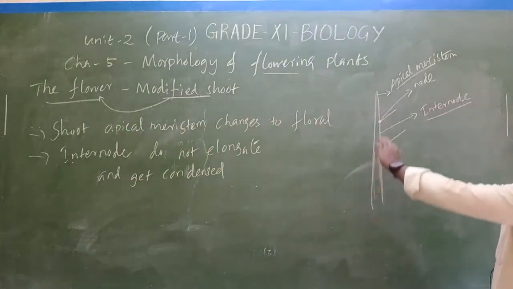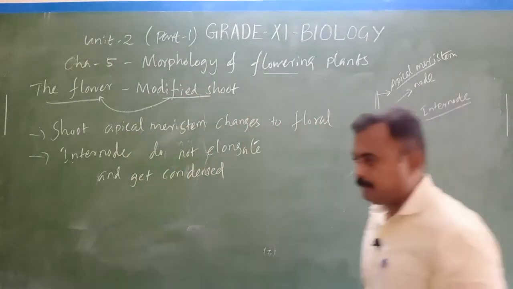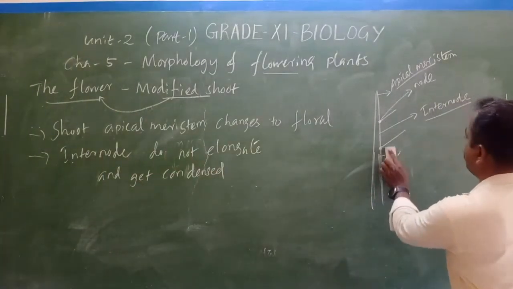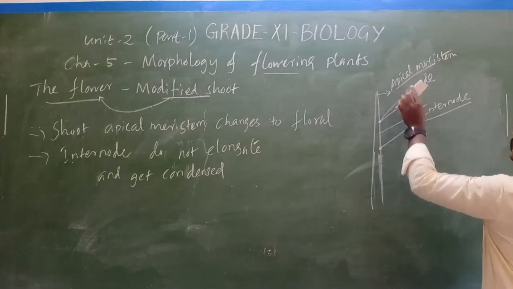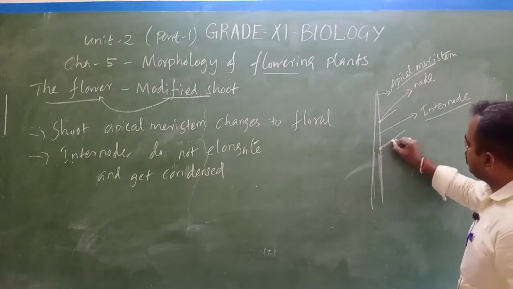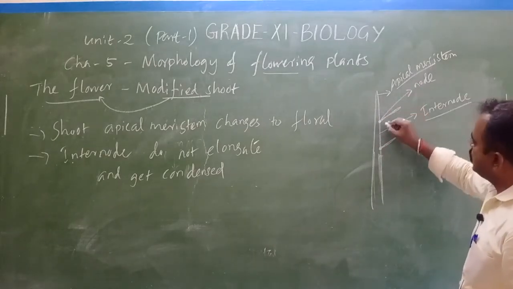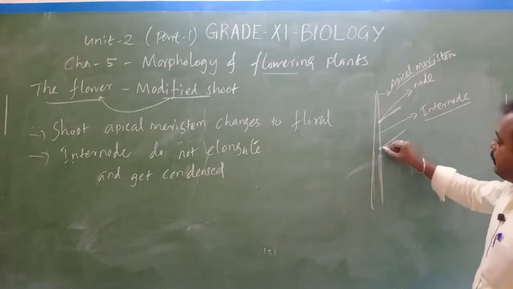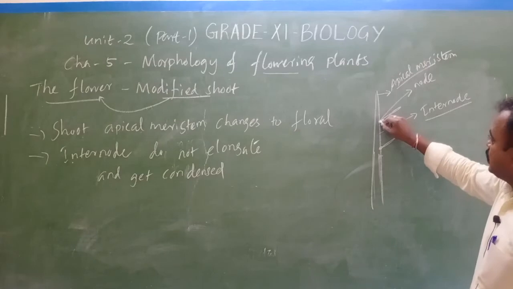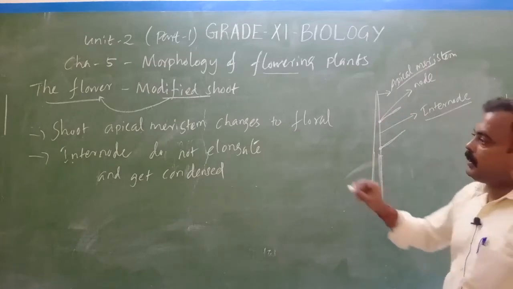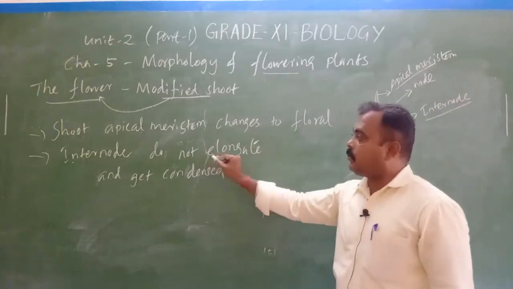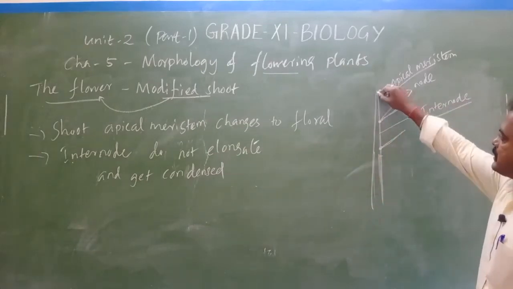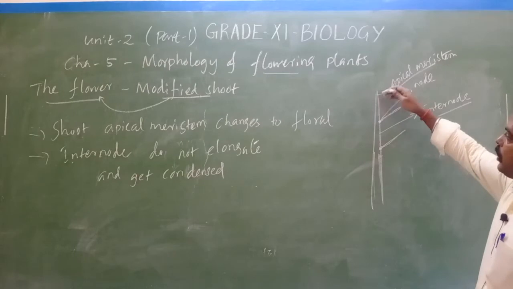You see here I said internode. This is one branch. In the branch base we have a node. In between one node to another node is called internode. Here what we said? Internode does not elongate. So afterwards in the apical meristem, the internode does not get elongated.